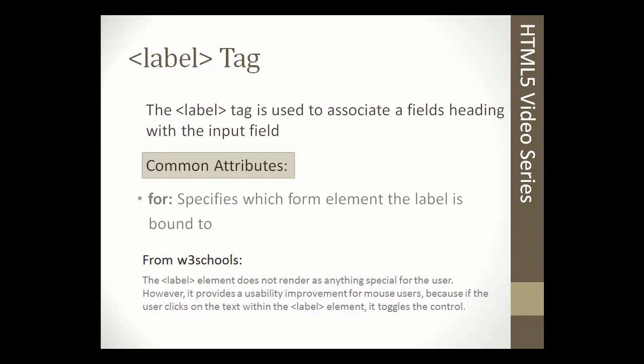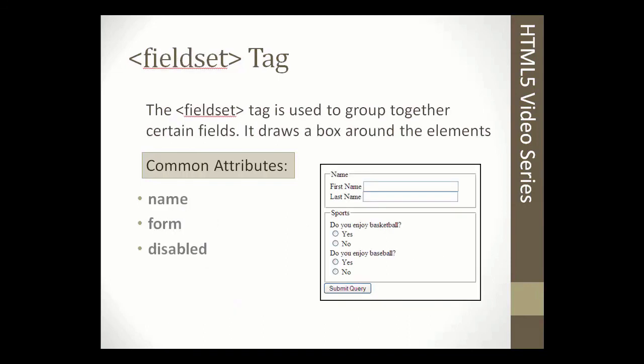So if you click on the text, it'll actually highlight the input field that text belongs to. And it takes the for attribute, which will just specify which form element the label is for, and this would match up with the input element's name attribute.